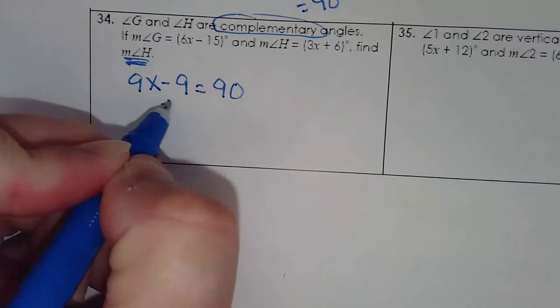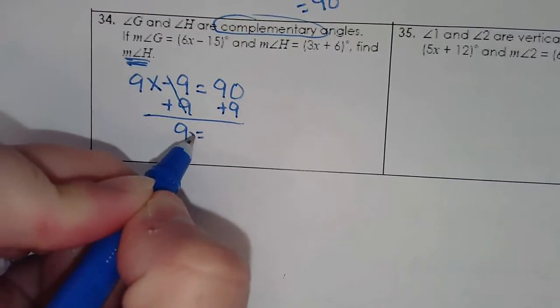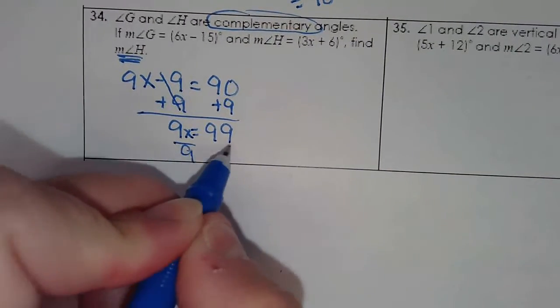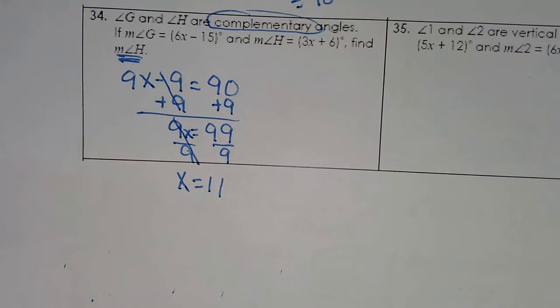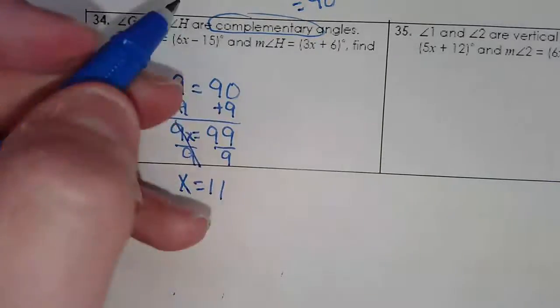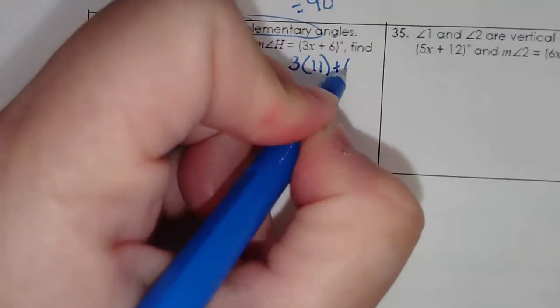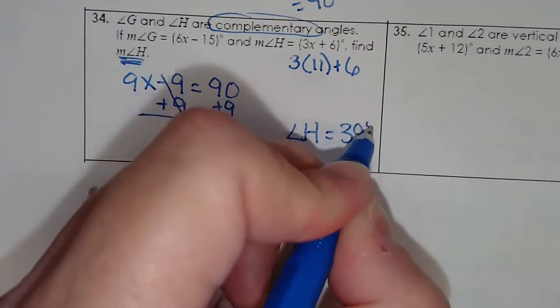And then to solve, you add 9. So now I have 9x equals 99. Still lots of 9s going on. And then divide by 9, and you get x to equal 11. But it does want you to plug it back in and find the measure of angle H. So you're going to do 3 times 11, which is 33, plus 6, and you find angle H to be 39 degrees.